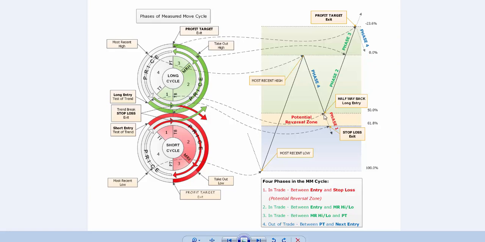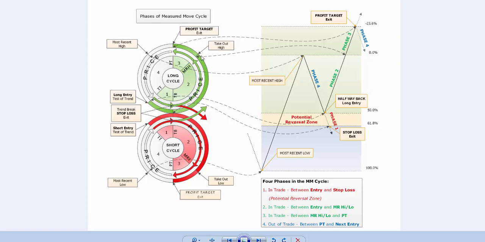There's the potential measured move long at the 50% retracement, a halfway back long entry. In this first phase, one of two things happens. We either bounce off the 50, where we know our risk-reward ratio, or it fails the 61.8% line. If it fails the 61.8% line, we go straight into shorts. If it bounces off its 50% retracement, it goes into phase two, running up into its most recent high.